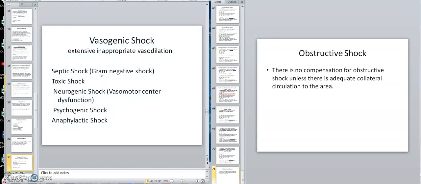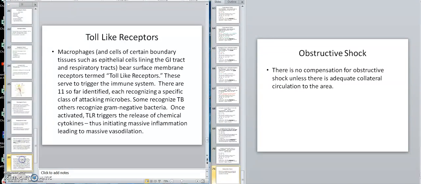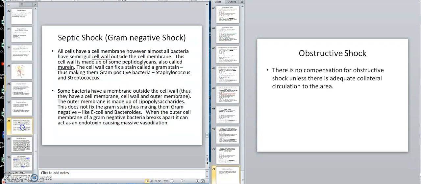Okay. Now, the point I want to bring out, gram-negative bacteria, when it comes to this cell wall area that you have, let me come down here to show you what I'm talking about. Go to gram-negative shock. All cells have a cell membrane, however, all have a semi-rigid cell wall. This cell wall is made up of peptidoglycans, also called murein.